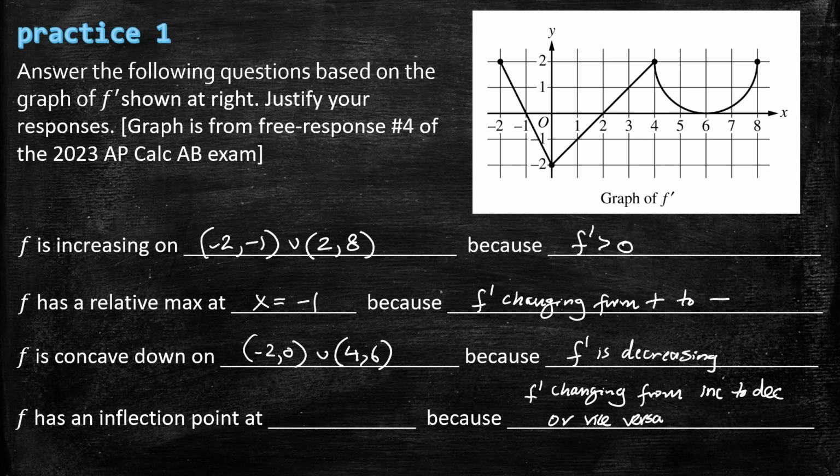Well, it seems that at x equals 0, f prime is decreasing and then increasing. At x equals 4, increasing then decreasing. And at x equals 6, f prime decreasing and then increasing. So we have 3 inflection points at x equals 0, 4, and 6.